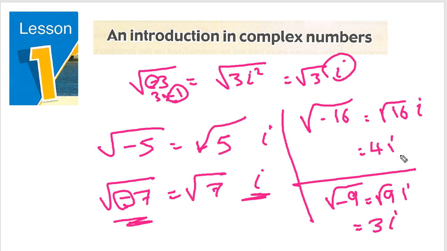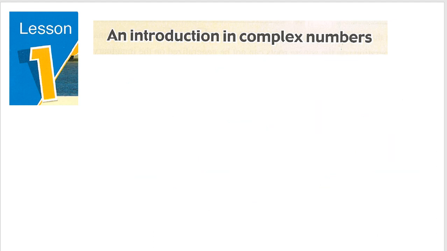Okay, is it clear to you? Yes, I think so. Okay, how do you know whether two complex numbers are equal? But what is a complex number? You can write any complex number in the form a plus bi, where a and b are real numbers.